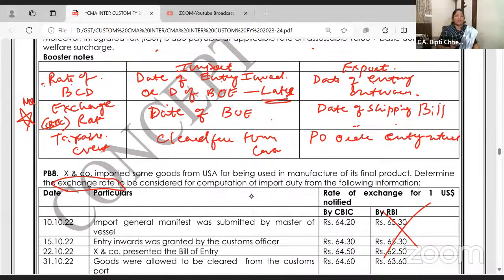So these rates are not important. Second thing is, for taking the rate of exchange, the entry inward and outward is irrelevant. For import goods, it is the day the bill of entry is presented. For export, the date of the shipping bill. So the date of entry inward and outward is irrelevant.